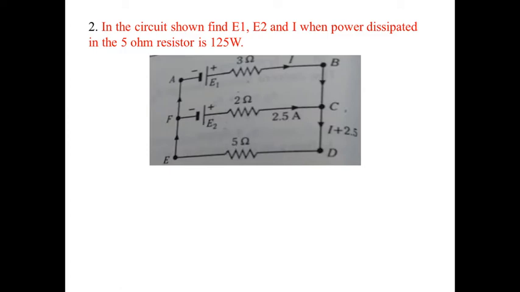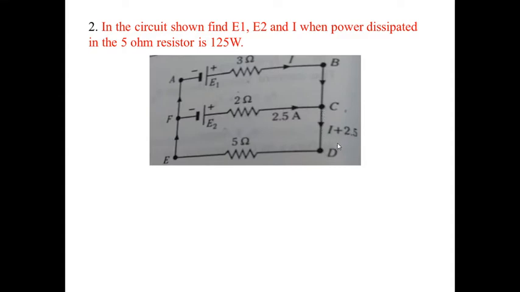If you closely observe the circuit, the current I is given here, and the current in the branch FC is 2.5 amps, given in the problem. This is also incoming current at node C. So the current I and the 2.5 amps are both coming to node C. According to Kirchhoff's current law, the outgoing current from node C is I plus 2.5 amps.